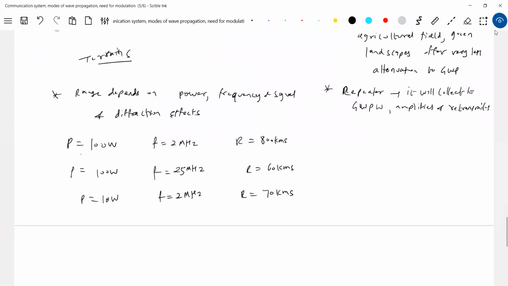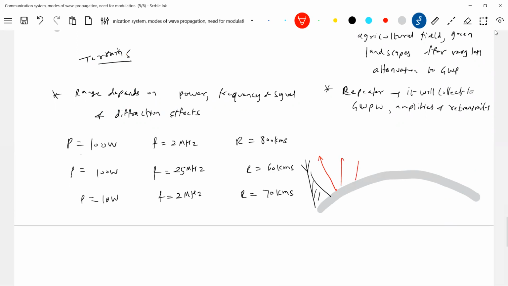So due to the diffraction effect, what actually happens is that the wave is transmitted, but due to diffraction the wave starts bending. Amplitude decreases due to attenuation. And finally it will sleep.